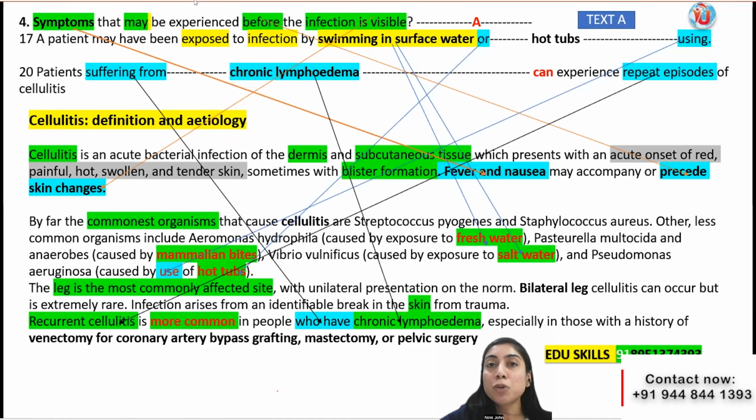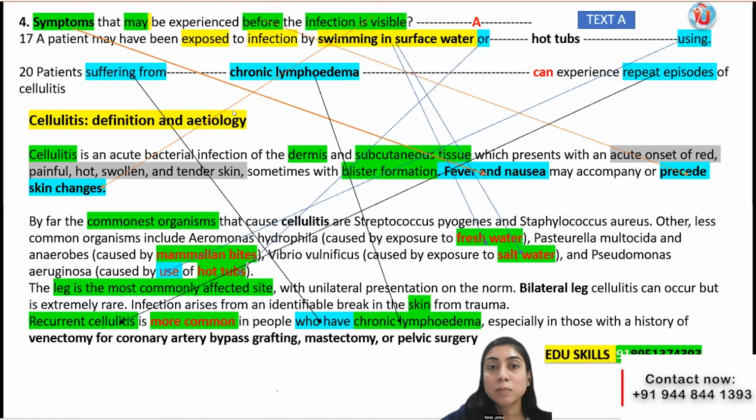These two come together here: swimming in surface water. Then here the keyword is using, so caused by use of hot tubs. So what are we writing? Exposed to infection by fresh water, salt water, or using hot tubs. Did you get the point? Yes, ma'am. Okay, so move to the next one.